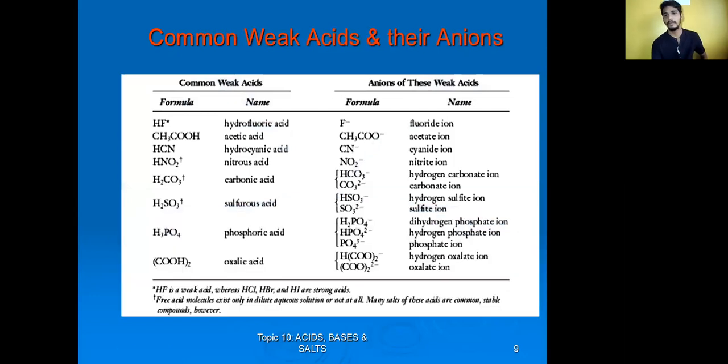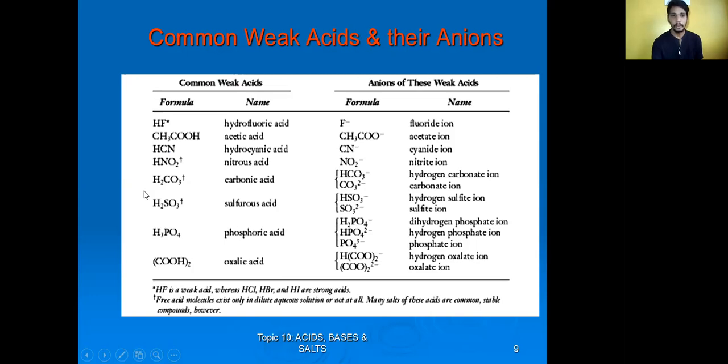We have learned about strong electrolytes; a strong electrolyte will dissociate faster as compared to a weak electrolyte. The extent of dissociation of weak acids and bases is very less as compared to strong electrolytes. So HF, that is hydrofluoric acid, the anion is F minus, fluoride ion. In case of anions, we are discussing the formula of anions. Now CH3COOH, that is acetic acid. The anion over here is CH3COO minus, that is called acetate ion. In case of HCN, it is cyanide ion.